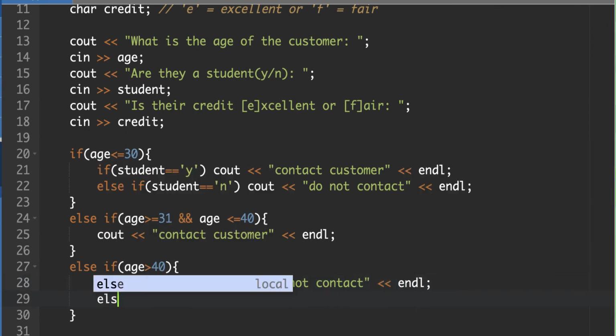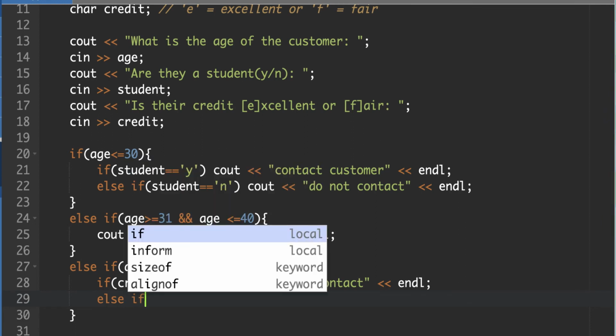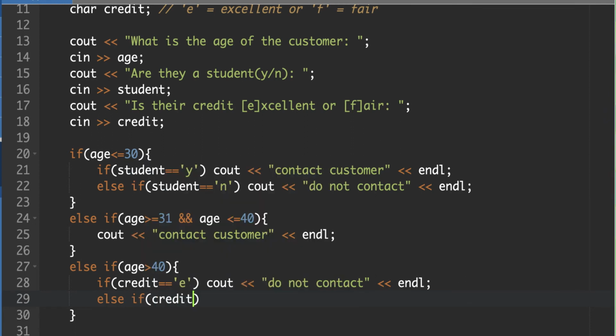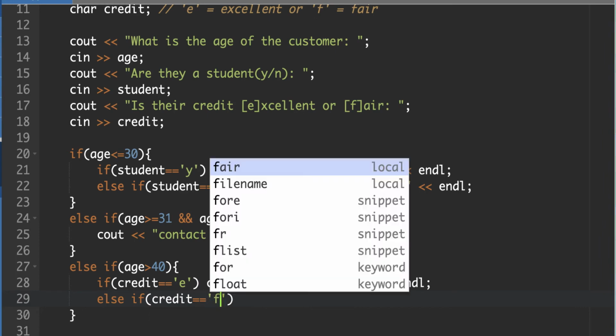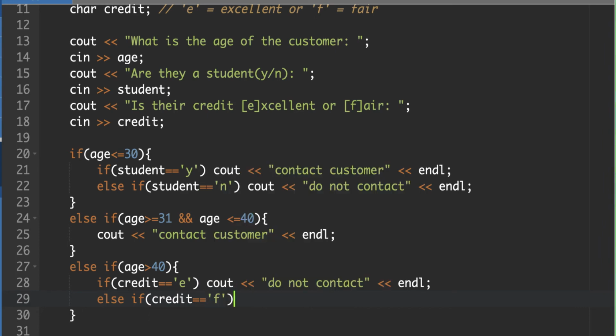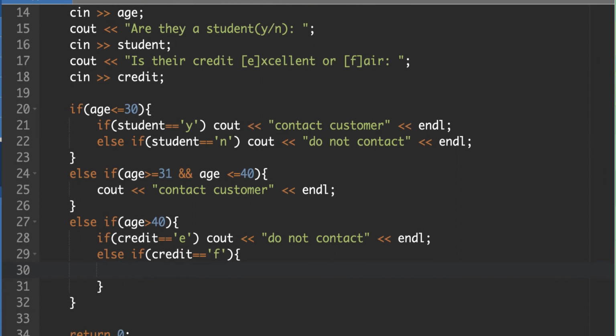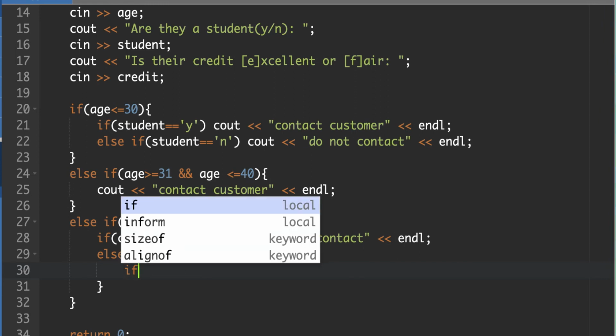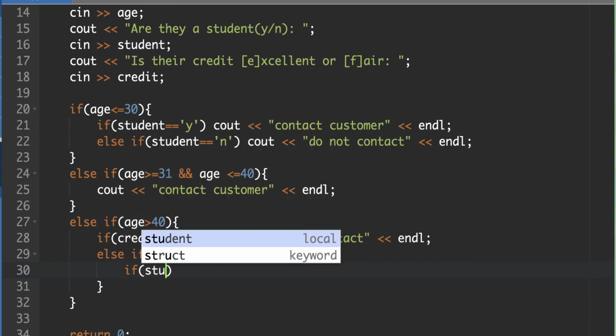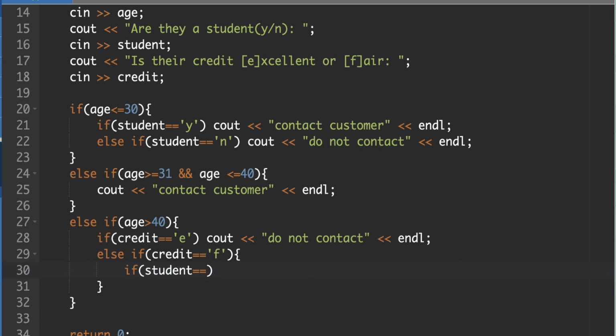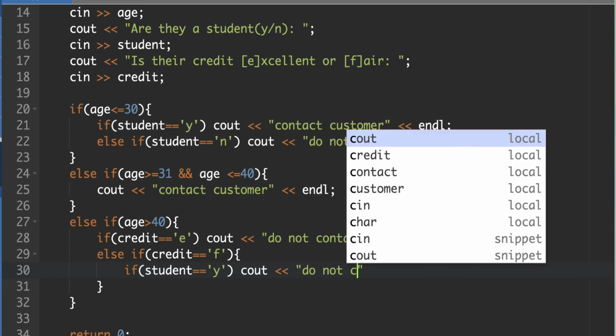And then else if their credit is fair, we will determine based on whether or not they are a student whether or not to contact them. So we're going to branch this one further. So if student equals Y, then cout do not contact.